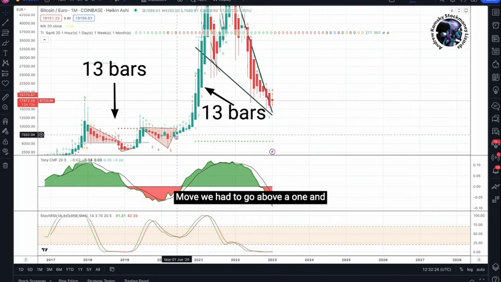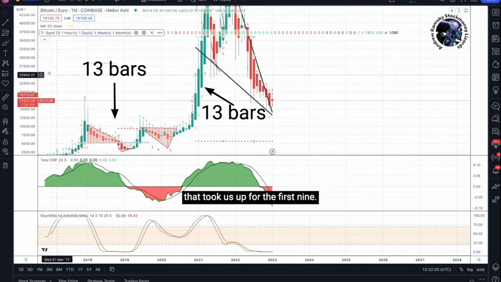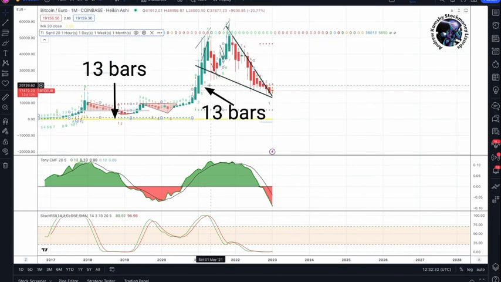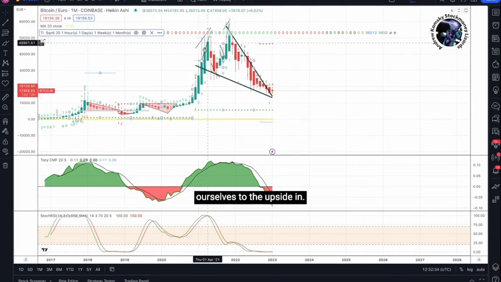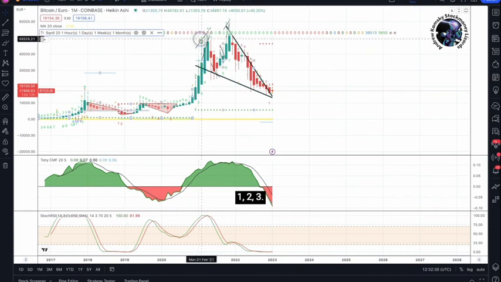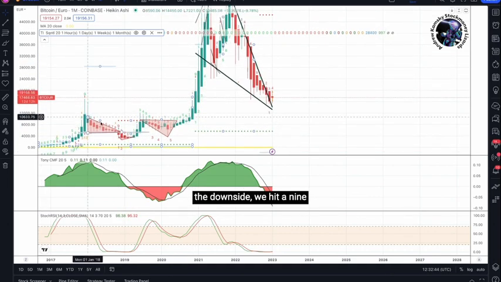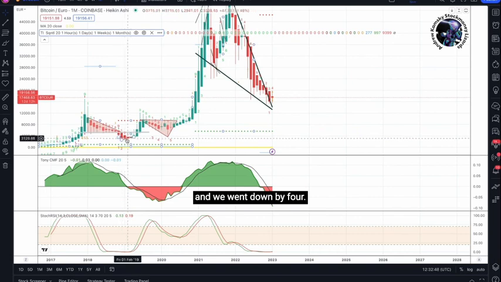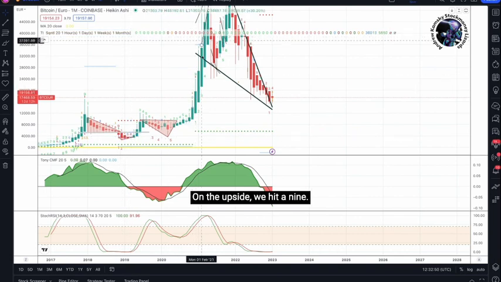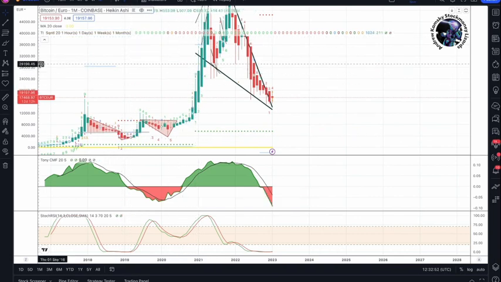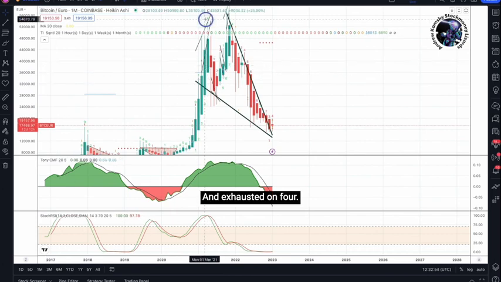We had 2 go above a 1, and that took us up for the first 9. And then we exhausted ourselves to the upside in 1, 2, 3, 4 counts. So the interesting thing is, on the downside, we hit a 9 and we went down by 4. On the upside, we hit a 9 and exhausted on 4.